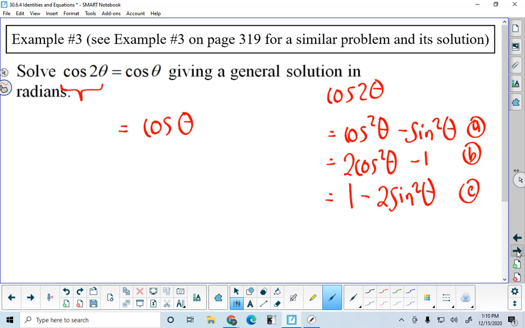Definitely B. And everybody's picking up on this. Chloe, could you type a quick response here to this question? Why B? What's special about B that's going to make our lives easier? While Chloe's typing that out, I'm going to put in 2 cos squared theta minus 1.